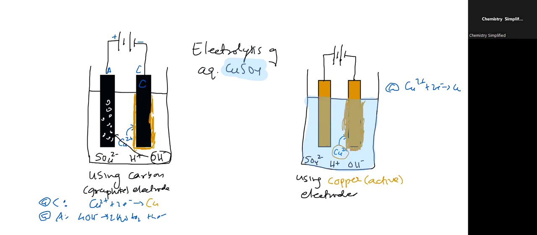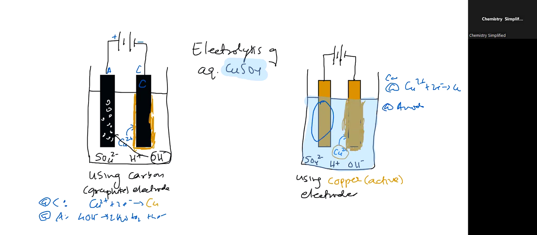This is the reaction at the cathode that we wrote here. Now the reaction at the anode, which is over here: the copper atom itself will lose electrons. Copper metal over here itself will lose the electrons.